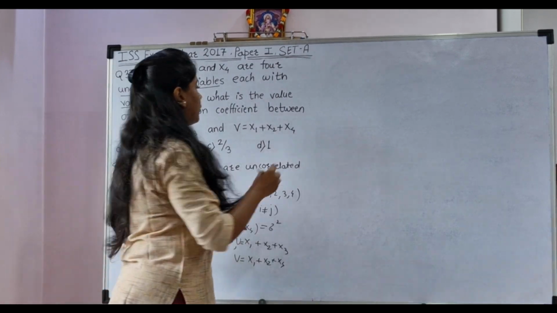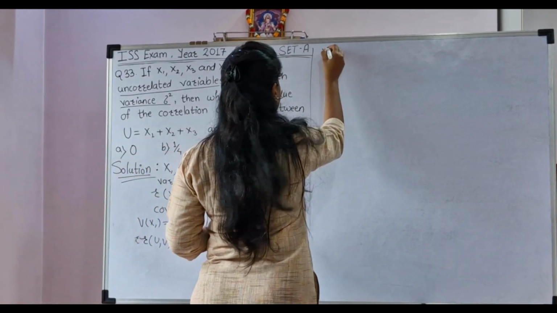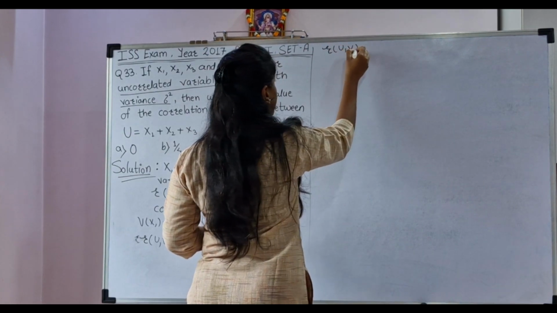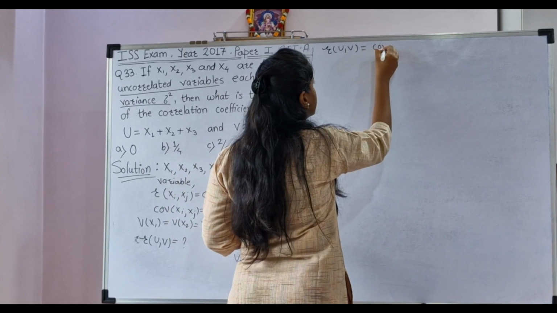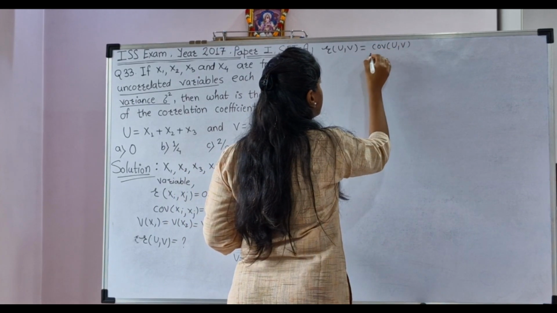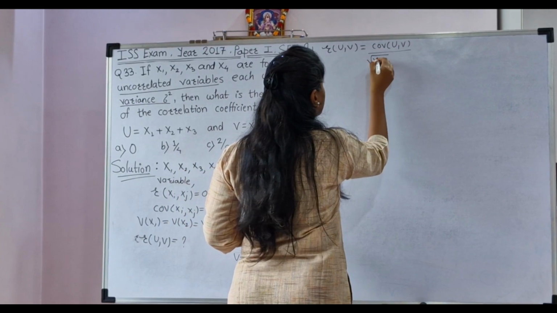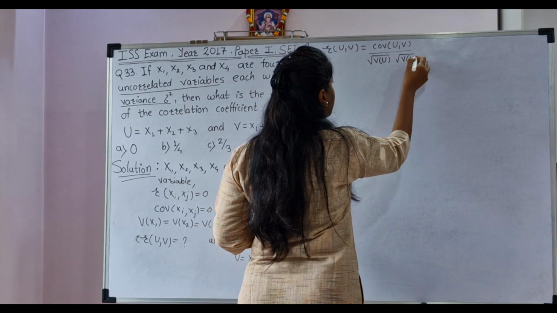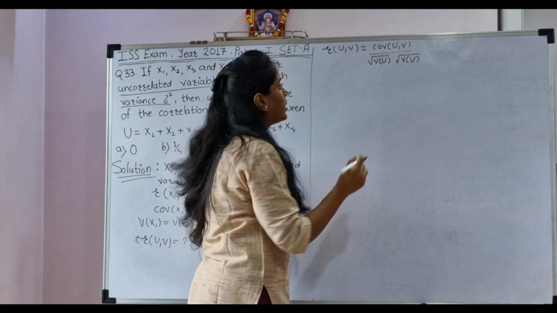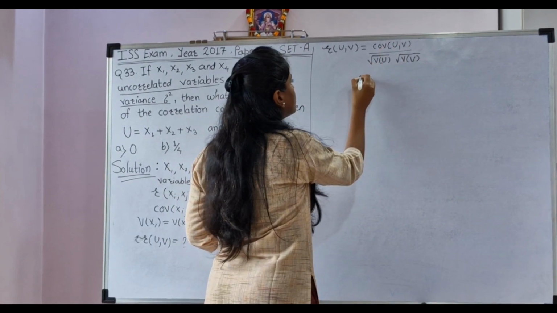First, we want to find out r of uv. What is the formula for correlation coefficient? It is covariance of uv upon square root of variance of u into square root of variance of v. Right? Now let's put the values of u and v.